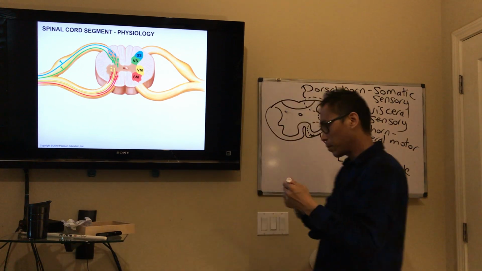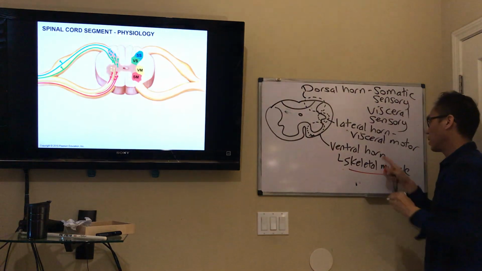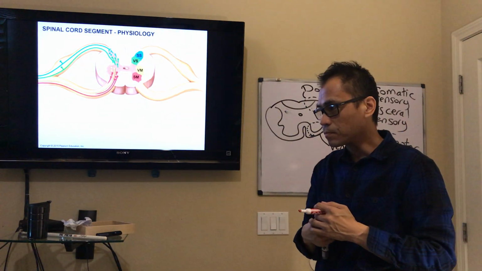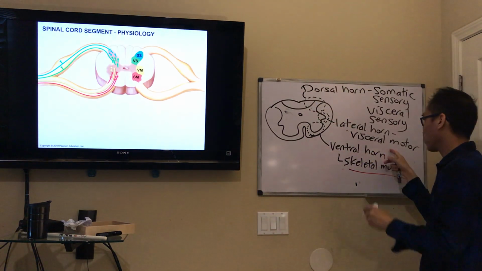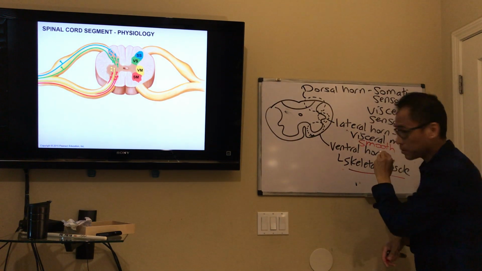I'll put red for motor. Affect your skeletal muscle. Again, visceral motor, organs of your body, that's basically smooth muscle. That's what I'm trying to say. Visceral motor, smooth muscle.